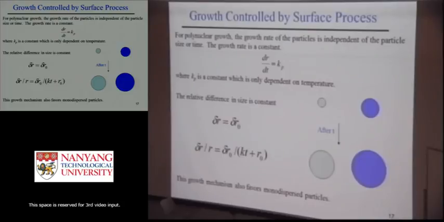The only reason the dispersity decreases is because this value increases. Although this one stays constant, this value increases. That's why the whole thing decreases. As I just mentioned, 10 nanometer, 20 nanometer, as compared to 90 nanometer and 100 nanometer, the latter should be considered more uniform.